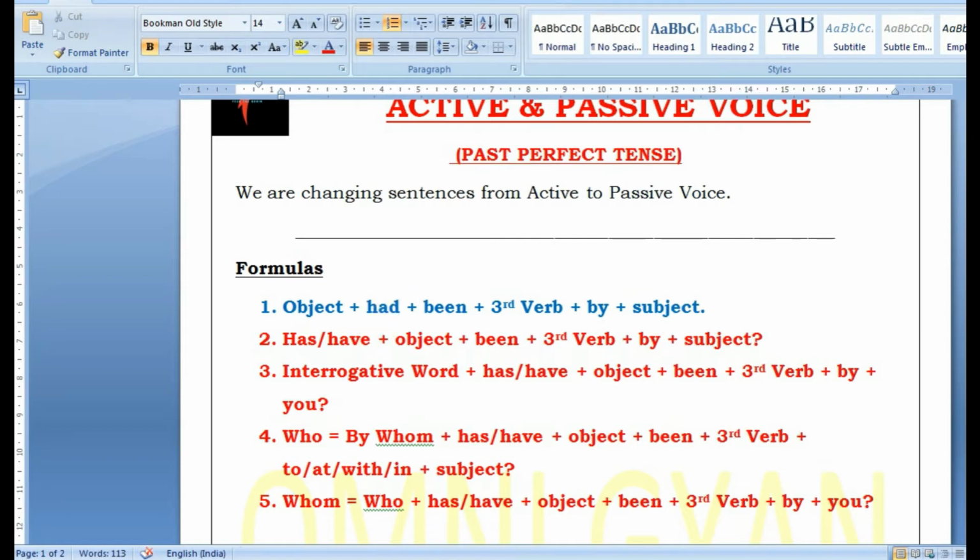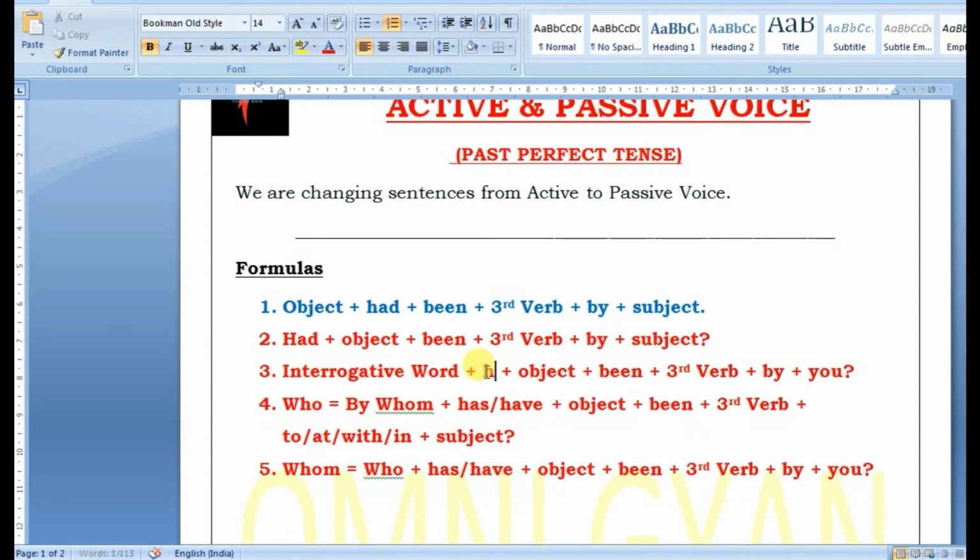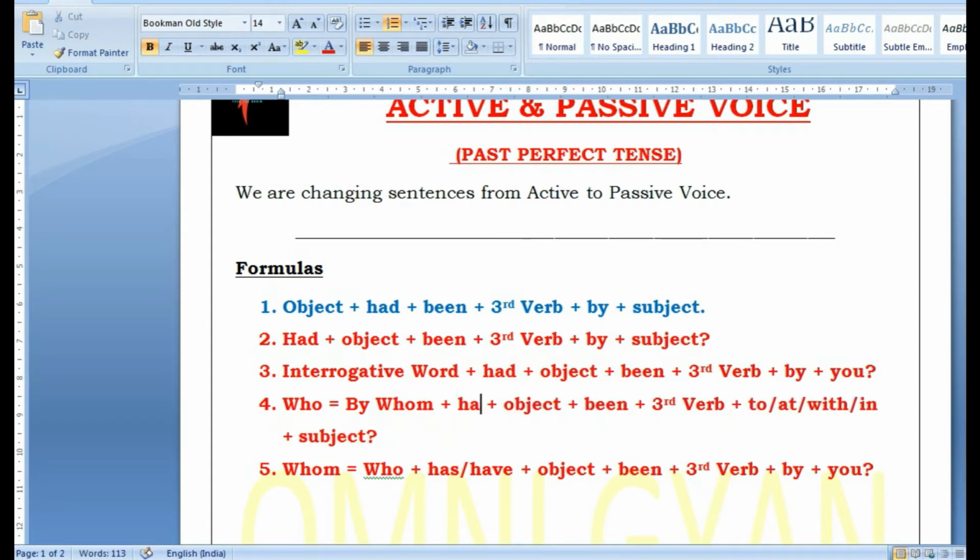So wherever you see has and have, that gets replaced by the word had. Rule number 3, has, have gets replaced with the word had here. Formula number 4, has, have becomes had.